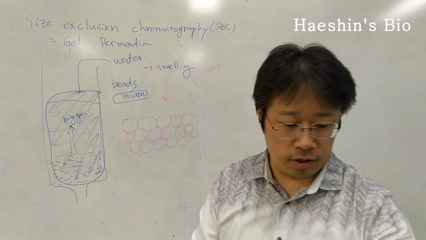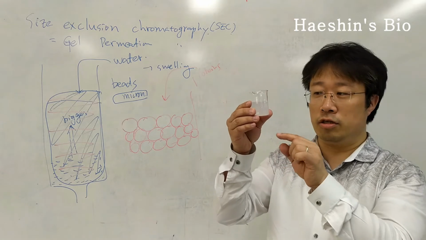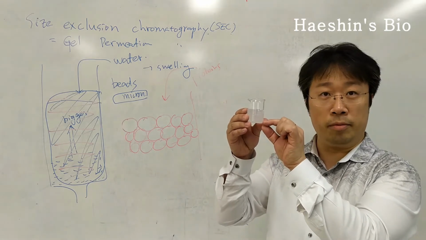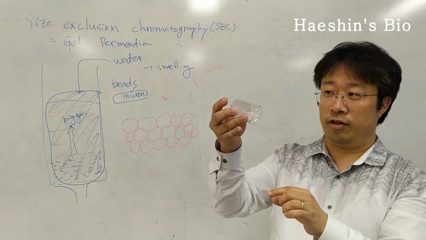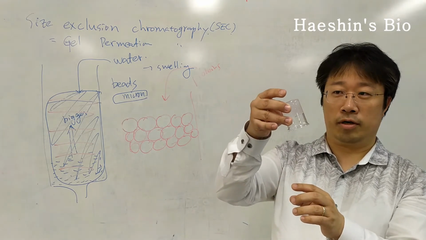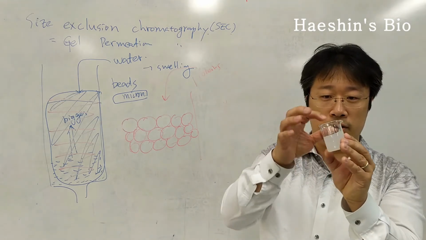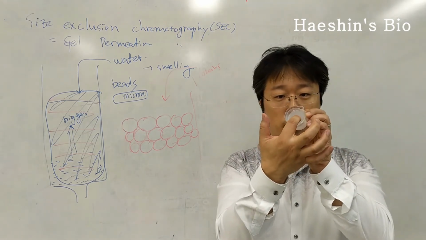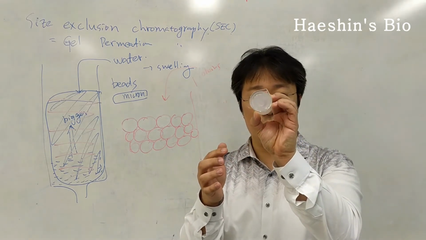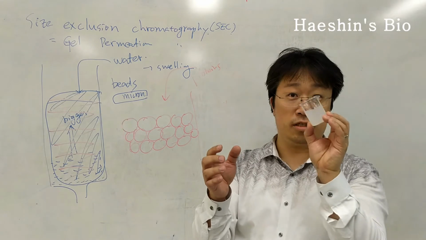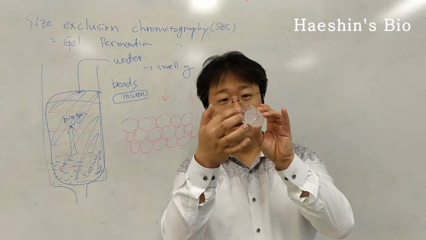Now here you can actually see. Remember the initial volume was 1 or 2 millimeters, but now everything has become a hydrogel like this. It is like a solid. As you can see, it is like a solid, but you see the texture of it.